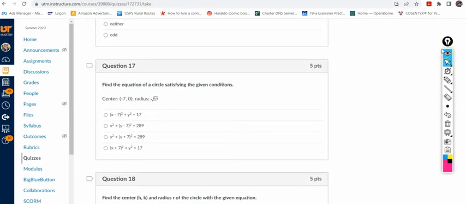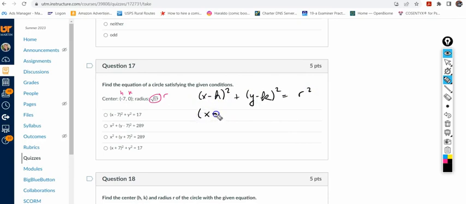All right. Okay, so the center is called H comma K, and the radius is R. So you can write it in standard form as x minus h all squared plus y minus k all squared equals r squared.